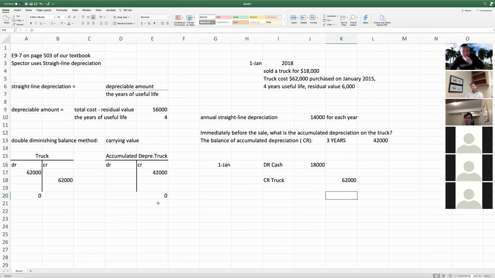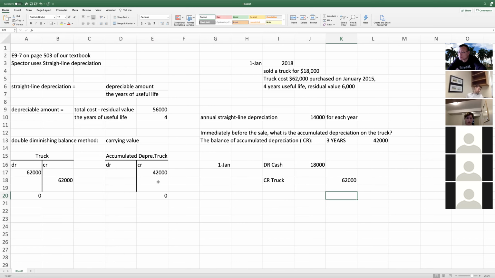Similar idea here. Before the sale, you have a credit balance of 42,000. After the sale, you have sold the truck, so the balance of these two accounts is 0. You don't have this truck anymore, right? Anything related to the truck should have a 0 balance. So the original balance is 42,000 credit.